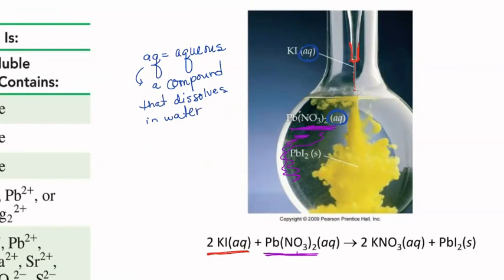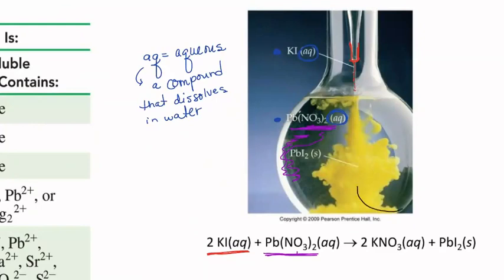Now, one of the things that we can see is that when these two aqueous solutions, meaning the potassium iodide and that lead 2 nitrate, were combined, all of a sudden, we can observe that specifically this yellow compound is made.